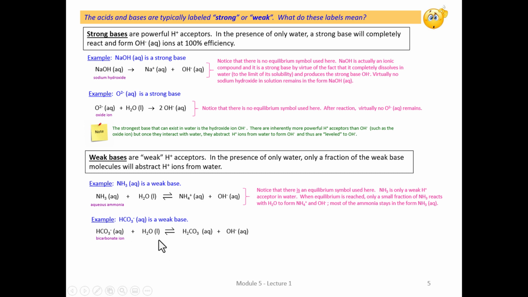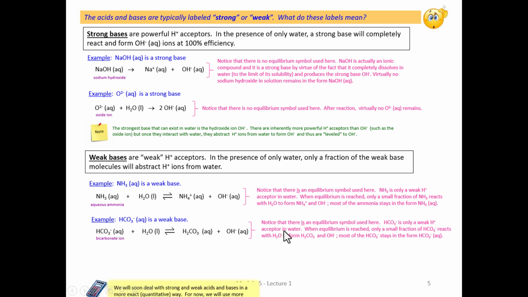So we have an equilibrium sign here, and we say, look, bicarbonate, since it's only a weak H+ acceptor in water, when equilibrium is reached, only a small fraction of these bicarbonate ions have formed H2CO3 and hydroxide. Most of the bicarbonate stays in this HCO3- form.